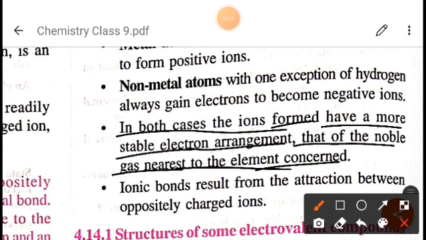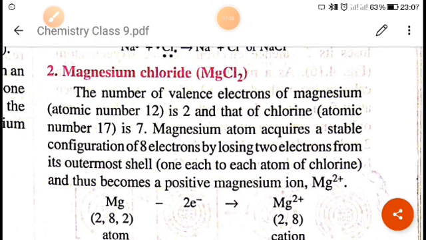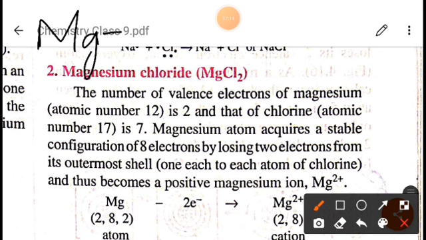magnesium chloride. When we talk about magnesium chloride, try to understand very carefully what is happening here. Magnesium has atomic number 12, so its electronic configuration will be 2, 8, 2. This means magnesium can donate a maximum of 2 electrons.